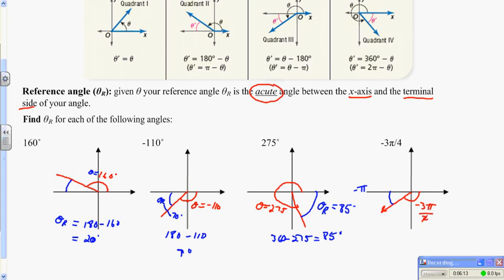This is 3/4 pi. Well, that would be, in other words, pi minus 3 pi over 4. Just trying to find out what its supplement is. That would be pi over 4. So reference angle, theta r, is equal to pi over 4 in radians.